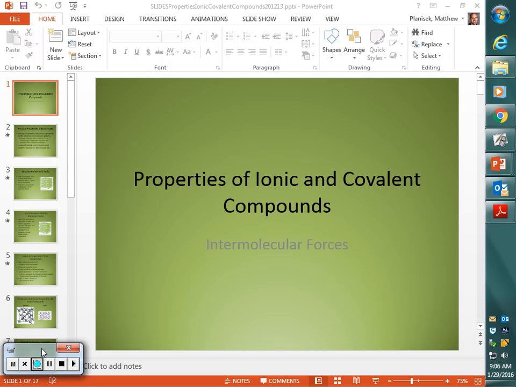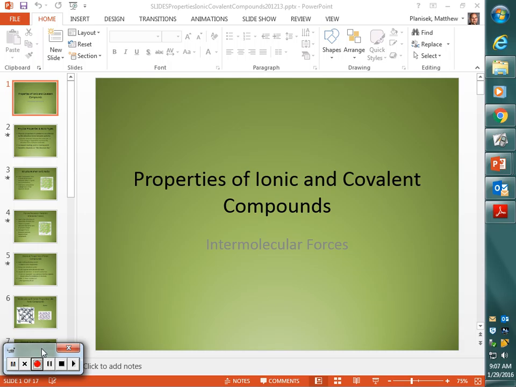And because of that, ionic solids have a couple of specific properties. What kind of properties do ionic solids have? You can look on the back of the first page, where it says general properties of ionic compounds, right?